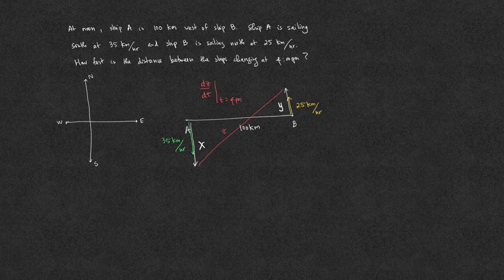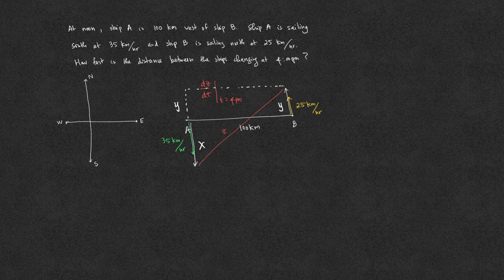However, alternatively, we move the distance y so that it is aligned with the distance x. We still end up with the same distance z if we do so, meaning this y going up, this y going up at the same time as well. So this distance is the same y.